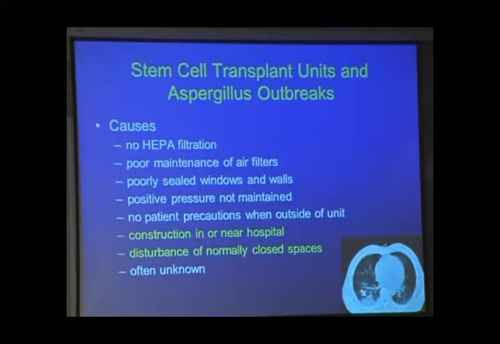There have been outbreaks of Aspergillus, especially associated with stem cell transplant units. And when they've looked at the causes, the ones I highlighted are particularly important for what you would see.